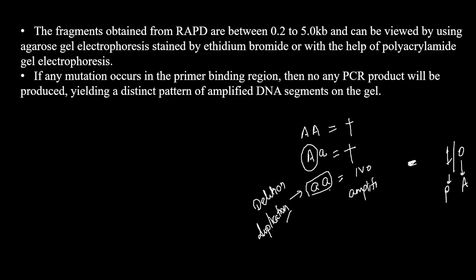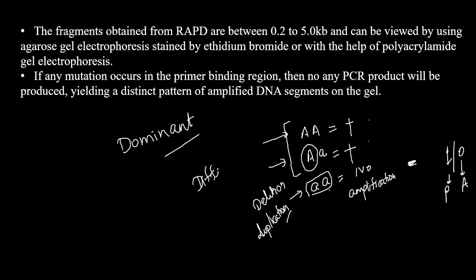So you can easily see that this particular technique is dominant in nature. It cannot differentiate between the homozygote and heterozygote. If the individual is homozygote, you will get the band. If the individual is heterozygote, you will also get a band. So you cannot differentiate between these, and that is the reason this technique is dominant in nature.